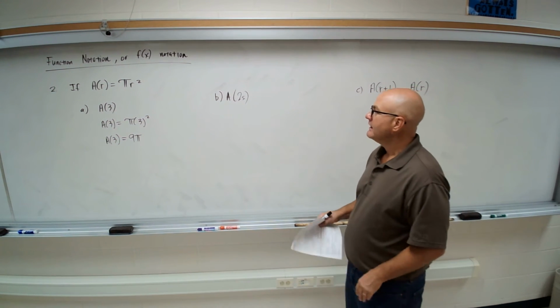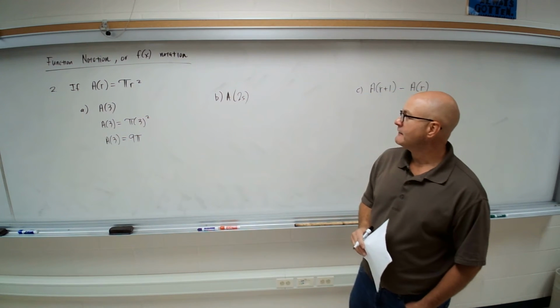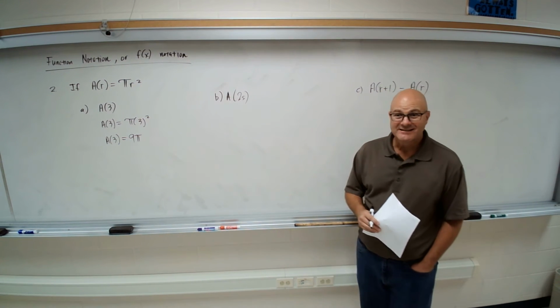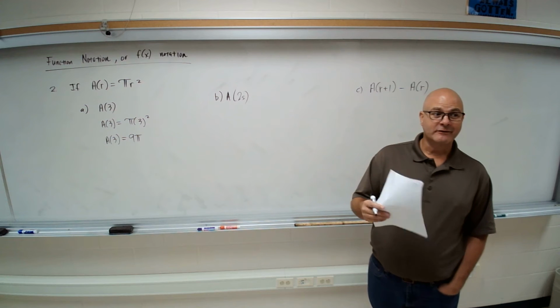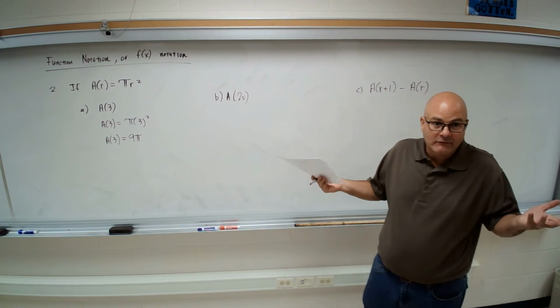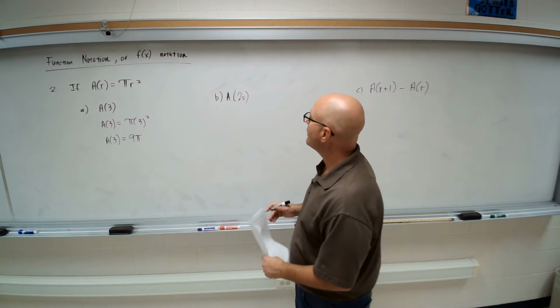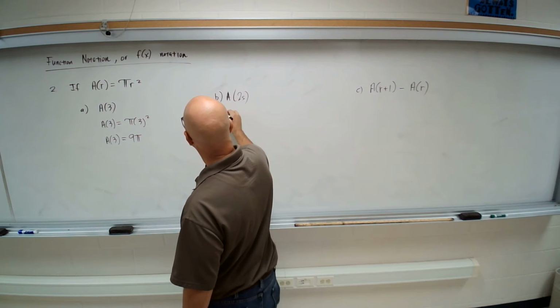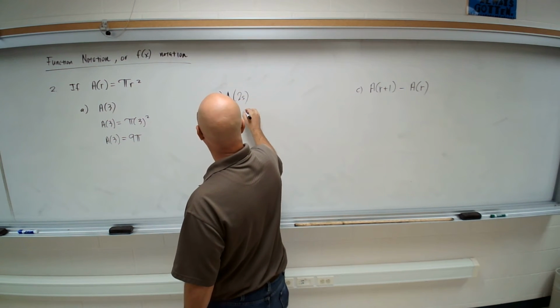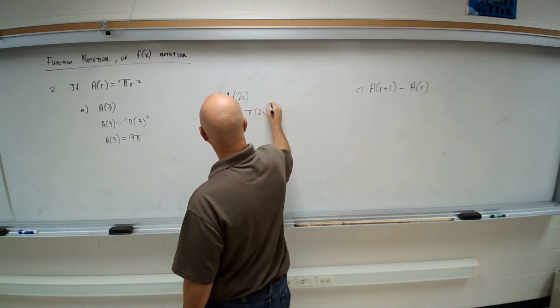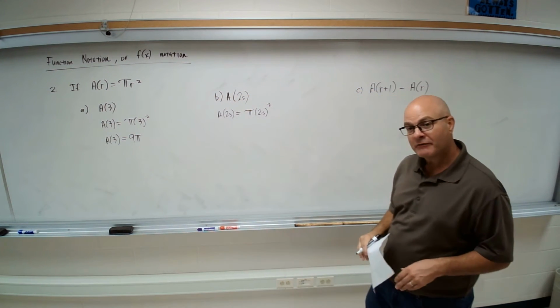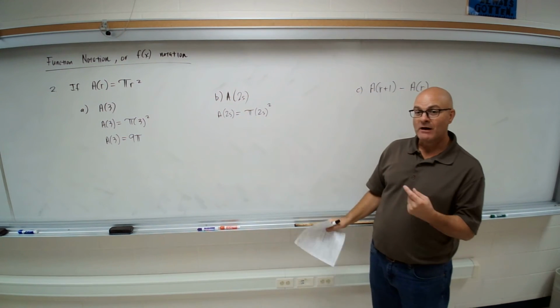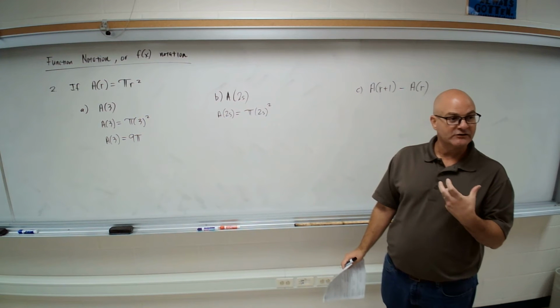Constants are fine. Here, the second one is A of 2s. Sometimes you'll replace a variable with a different variable. You know, whatever. It just happens sometimes. So here, to do A of 2s, we'll do pi times 2s squared. Be careful. A lot of people see this and they write 2s squared and they don't square the 2 also.